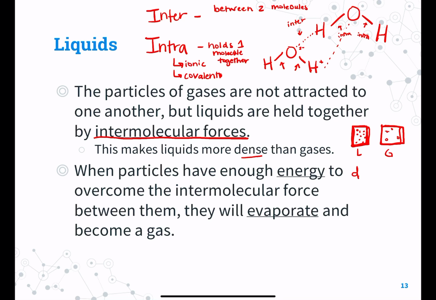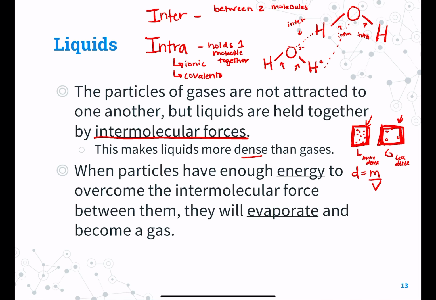Remember, density is equal to mass over volume. So this one is technically going to have a lot more mass because there's more dots or particles or atoms or whatever you want to look at in the same volume. I drew these squares roughly the same, right? This one has fewer dots or particles or atoms in the same volume, and so the liquid would be more dense. The gas would be less dense.